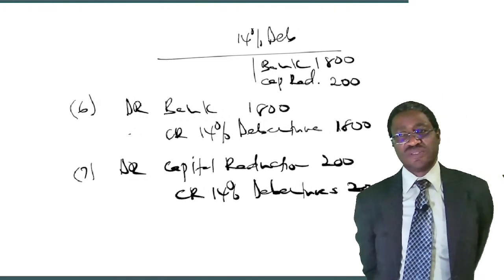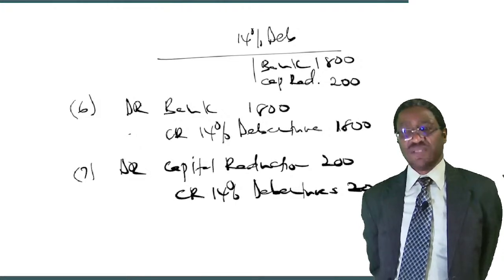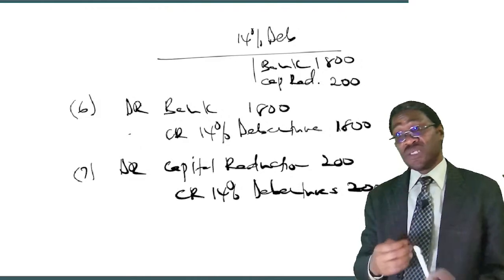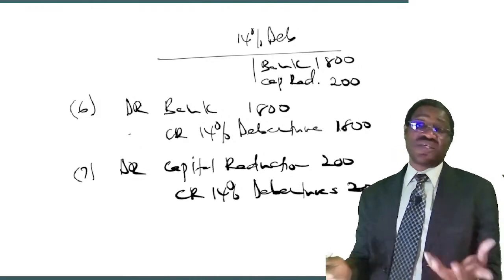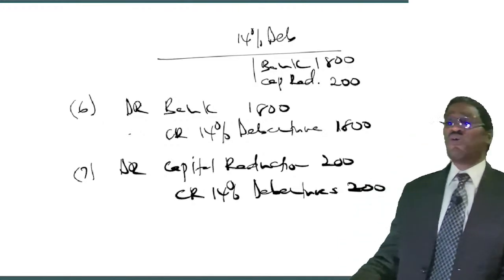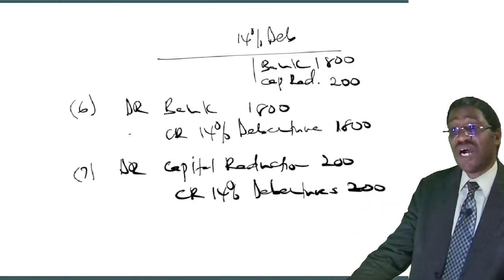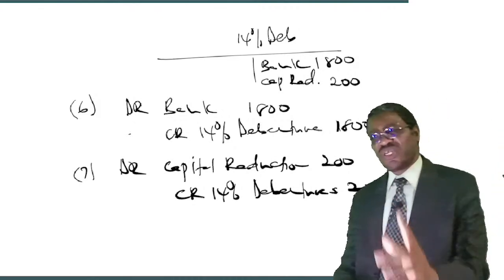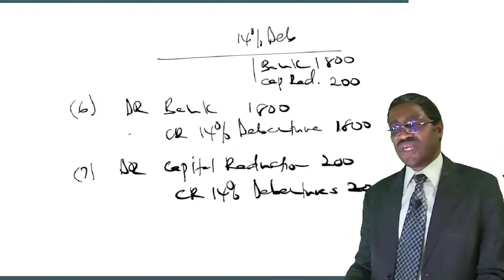Good. You can see those who sat for this paper had a lot to do, especially because it was journals. I've told you the one of 2 or 4 was ledger entries, but this is journals. So let's go to the next one.